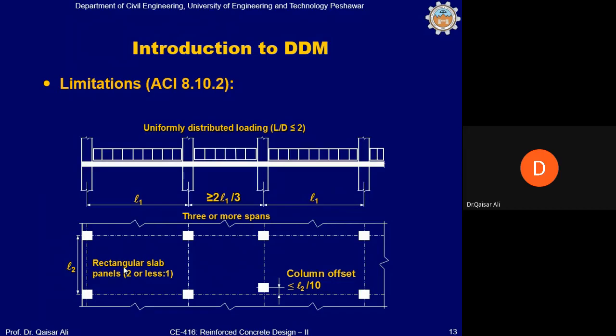Another condition is that all the columns shall be preferably placed on the column's main center line. And the column main center line means where most of the columns are placed. So, for example, if you look at this second row of columns here, where there is an arrow now placed, three columns are placed on this column center line, but one of the columns is out of this column center line.